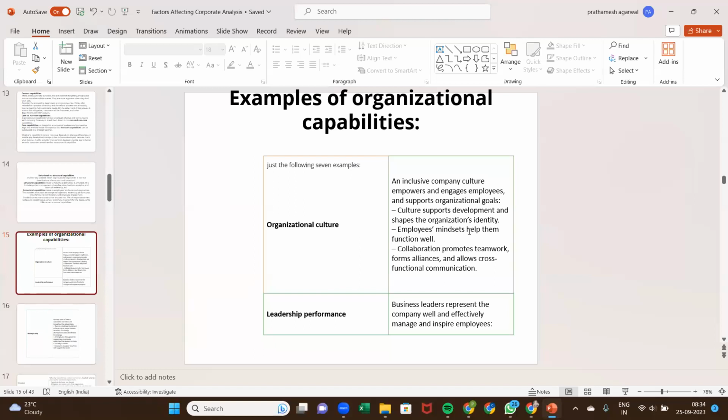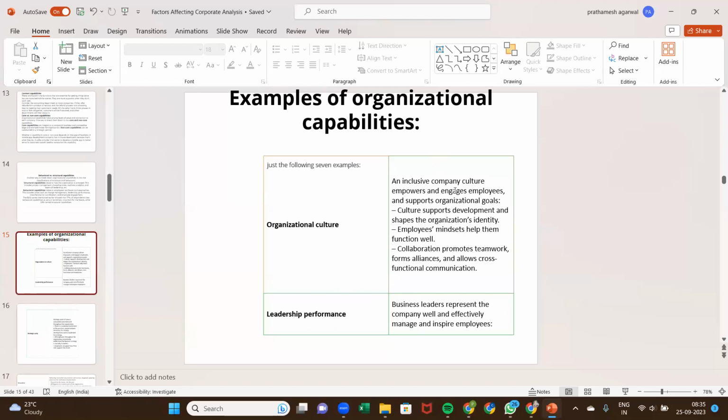The mindset of the employees will always help them to do well. Collaboration promotes teamwork, forms alliances, and allows cross-functional communication. Very important, because if you do not have cross-functional communication, it becomes very difficult to work. And all this will create the organizational culture, right?